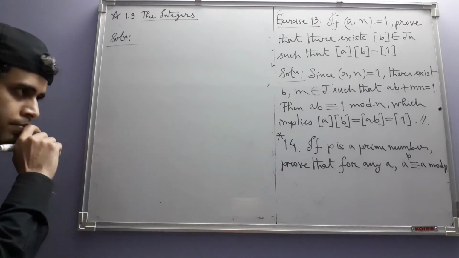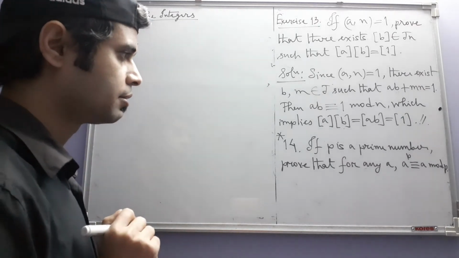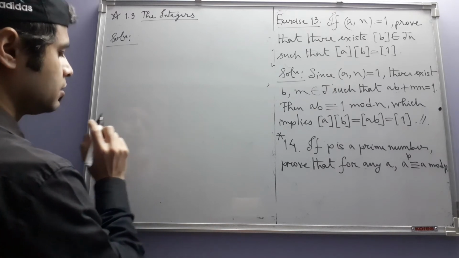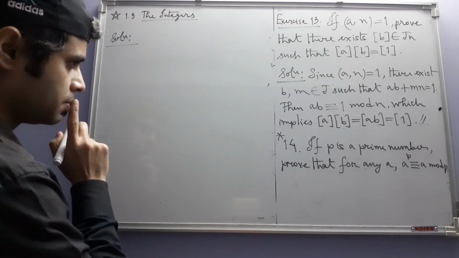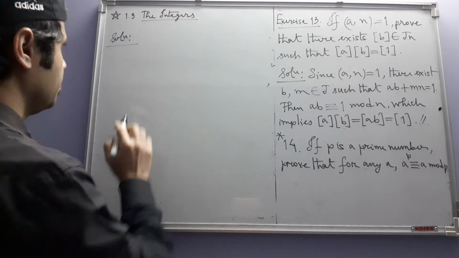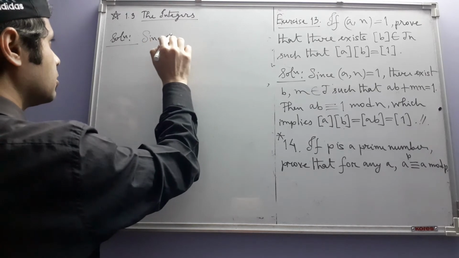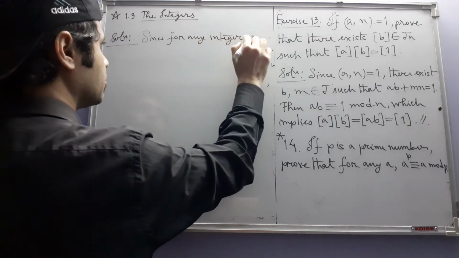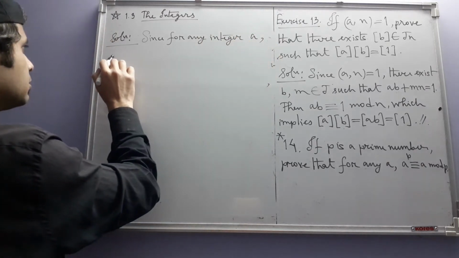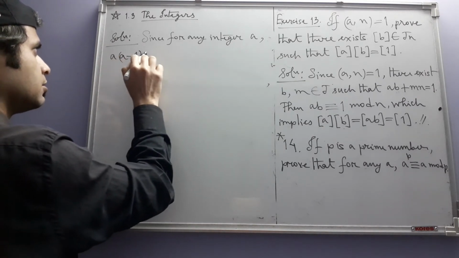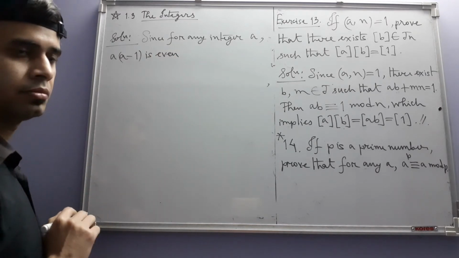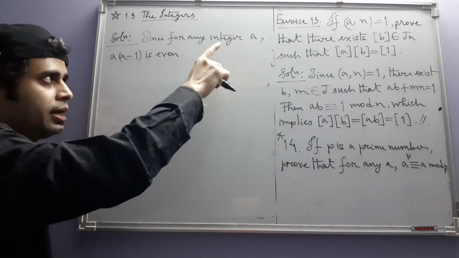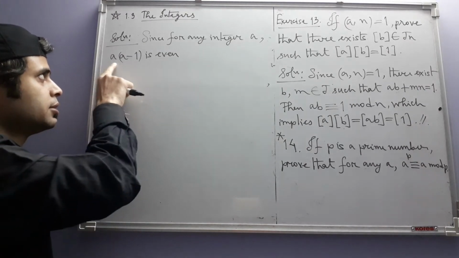So first of all, let's consider some cases. If p is equal to 2, since for any integer a, a times a minus 1 is even. Why? Any integer a is either even or odd. If a is even, then this product is even.